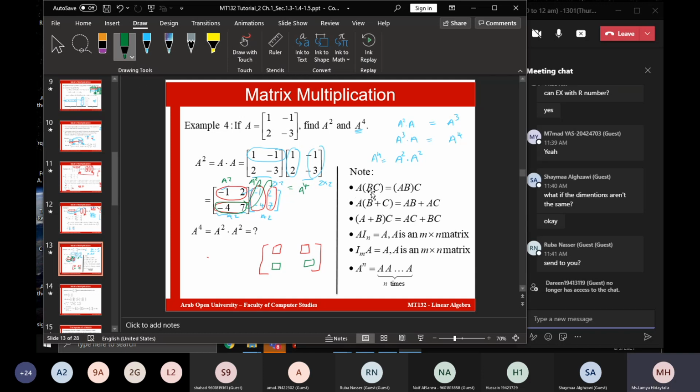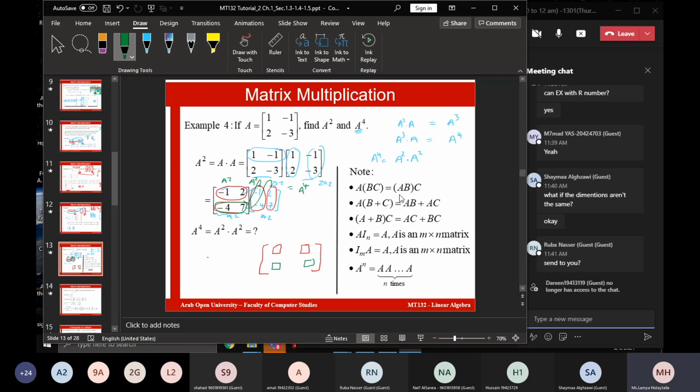Now A times B times C is the same as if you multiply B and C first, get the new matrix, put it here, and then multiply A times this. It's the same answer as if you started with A times B and then the result times C. Can I commute?